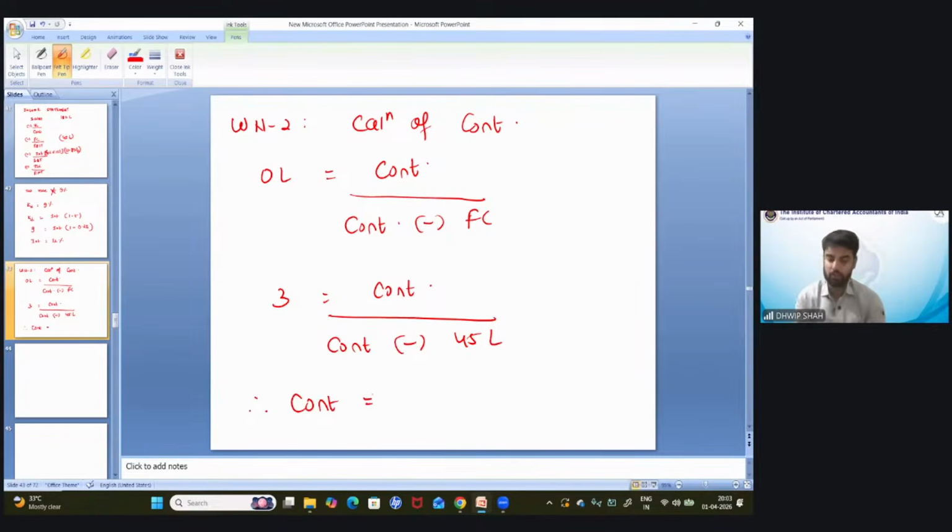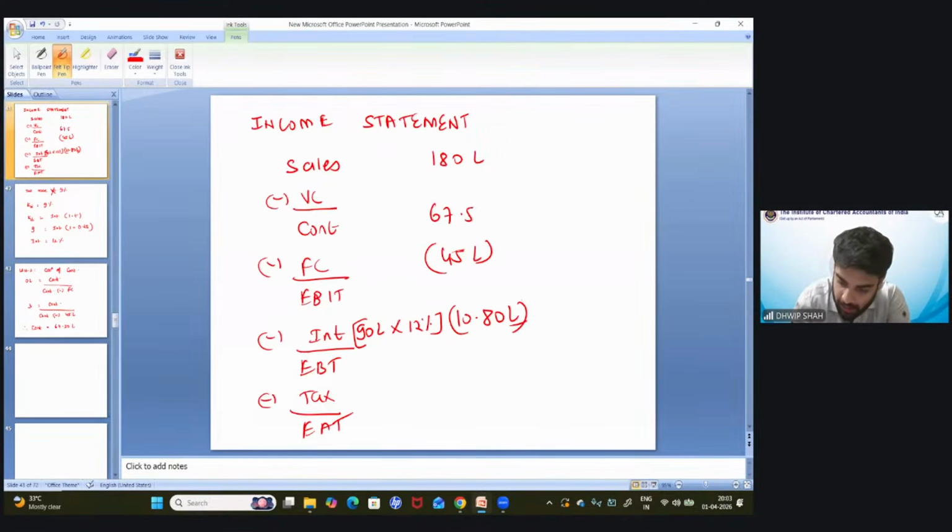Therefore contribution comes to 45 into 3, 135 divided by 2, 67.5 lakh. Everyone, say this is correct. So 67.5 lakh is contribution, 45 lakh is fixed cost, so EBIT is 22.5 lakh. 10.8 lakh is interest, so 11.7 lakh is my EBT.